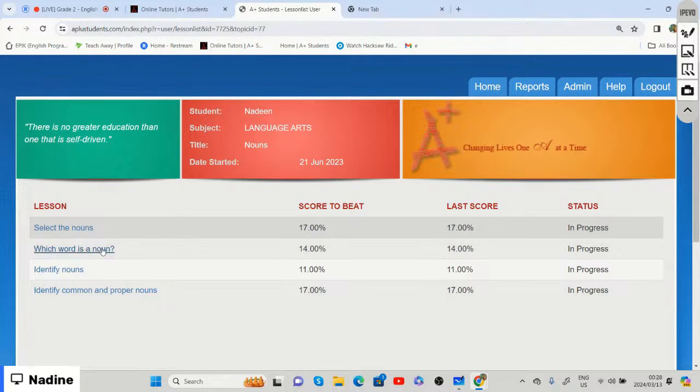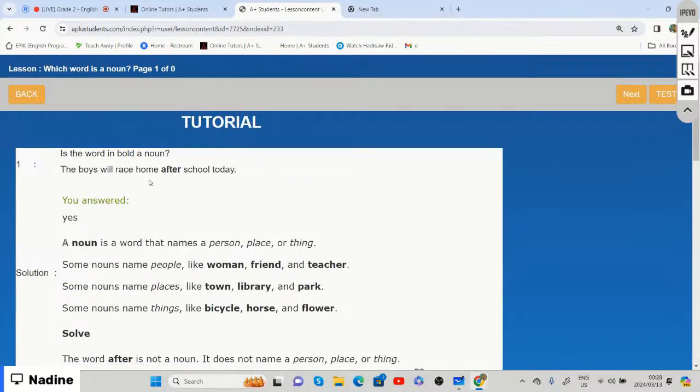Now we're going on to which word is a noun. We are now going to say which word is a noun. And once again, we say the noun can be an animal, it can name a person, it can name a place, or it can name a thing. That is a noun, right?